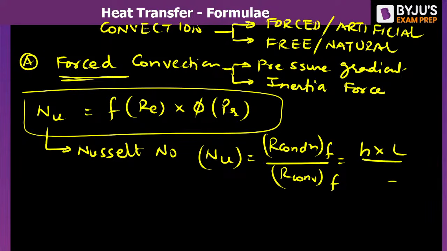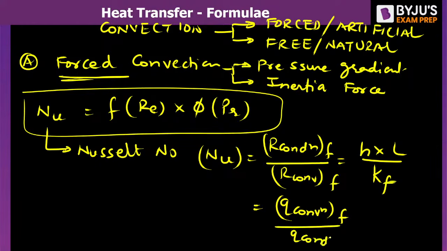That is the difference between Biot number and Nusselt number. In the Biot number, the conductive resistance is for the solid, or we can also write it as Q convection divided by Q conduction. If it is the ratio of heat transfer rate, then it is convection divided by conduction. But if it is the resistance, then it is the reverse.